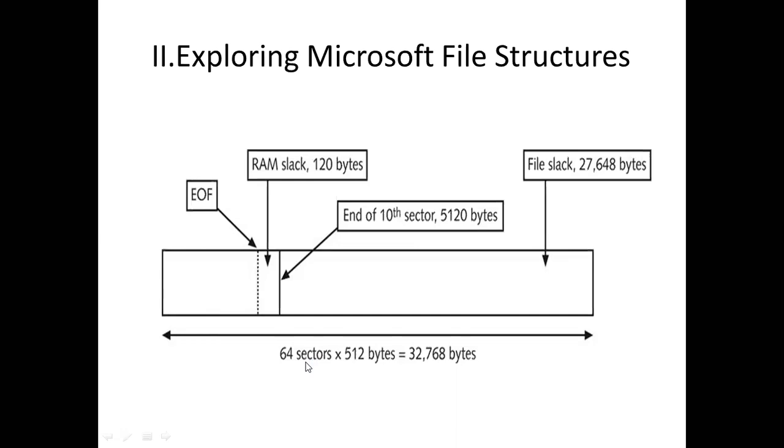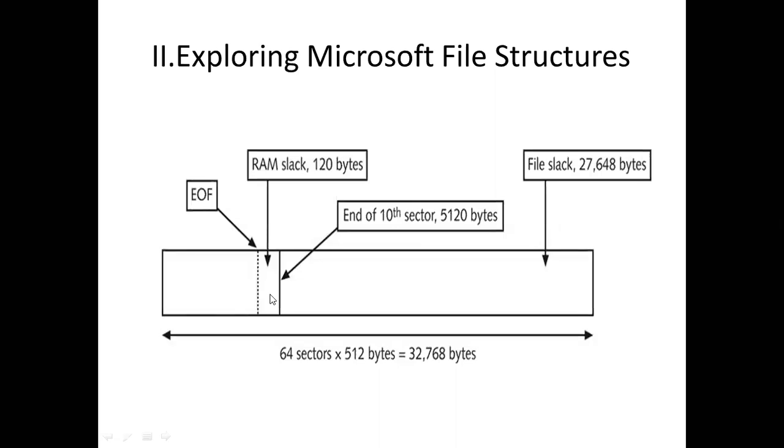So 64 into 512 bytes, which is nothing but 32,768 bytes, is the total number of bytes allocated for this particular cluster. And here EOF is end of file. There is a RAM slack which is allocated at 120 bytes. Now let me tell the example and then we will come back to the diagram.